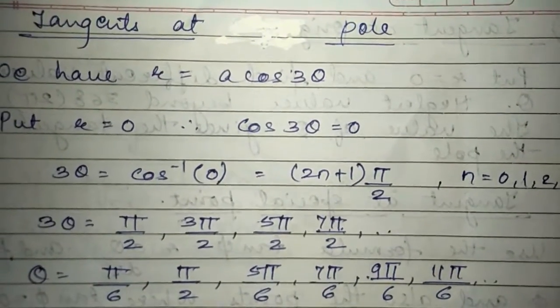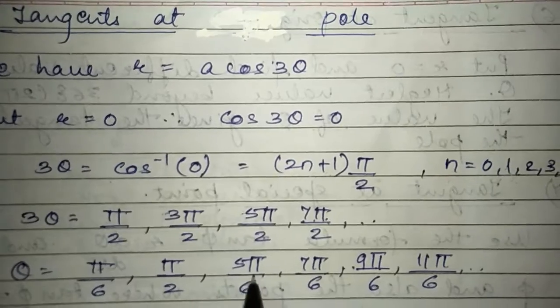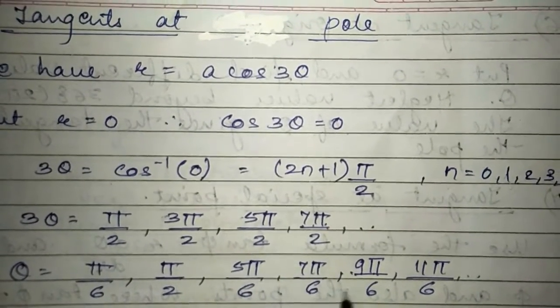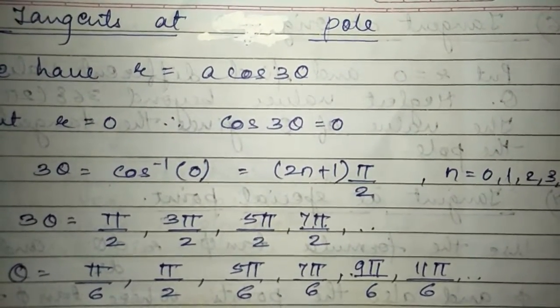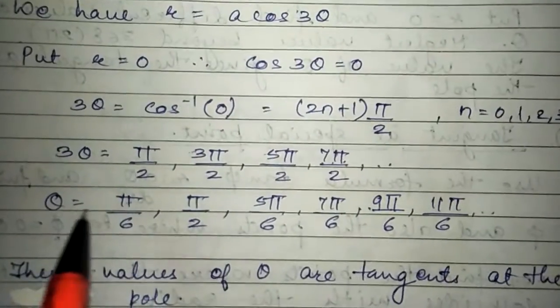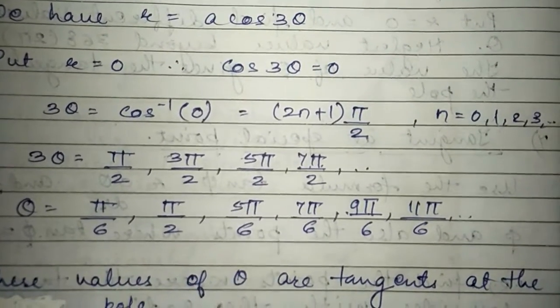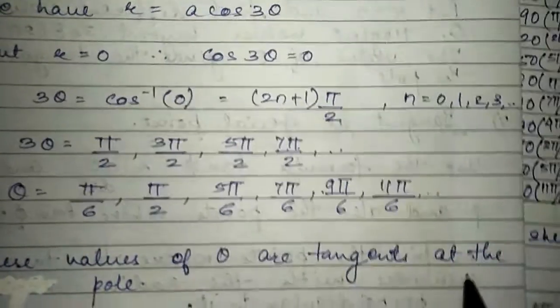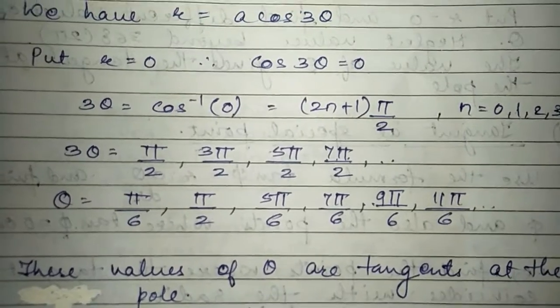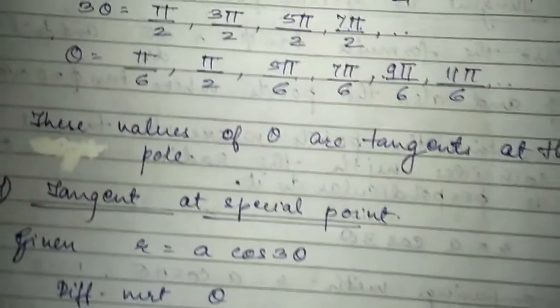So the value of theta will be pi by 6, pi by 2, 5 pi by 6, 7 pi by 6, 9 pi by 6, 11 pi by 6, and so on. These values of theta which we have found out are the tangents at the pole. We'll see it while tracing the curve.